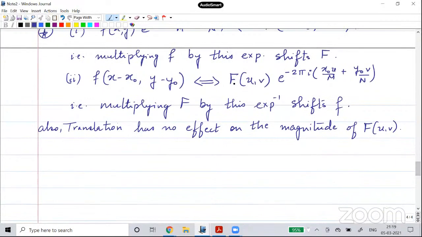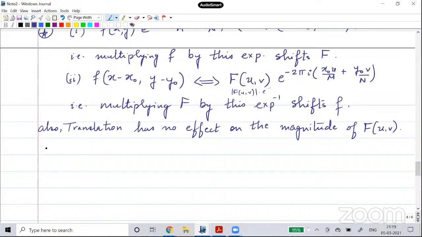Said another way, this is a complex number, so you can write this as mod F(u,v) times e raised to something. So this e raised to and this e raised to will combine, but this mod F(u,v) does not change. That is what this means.